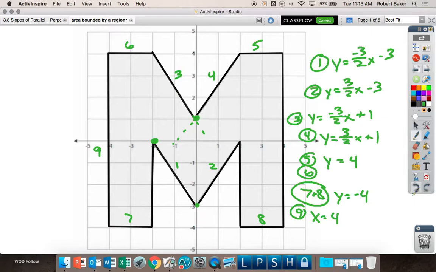So what is the equation for line 10? x equals +4. Right, so that's practice generating an equation, and then we still have to find the area of the shape.